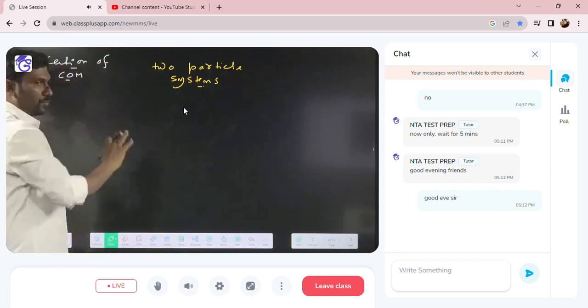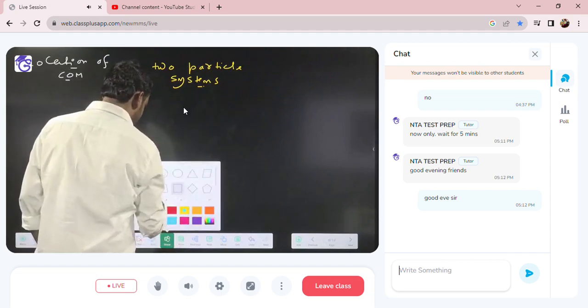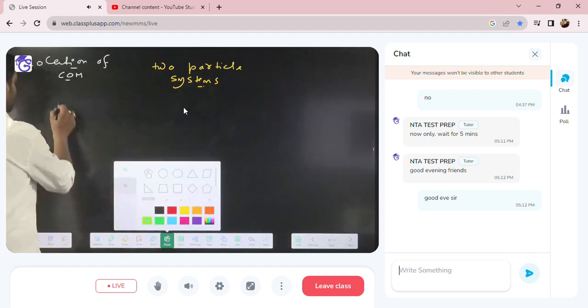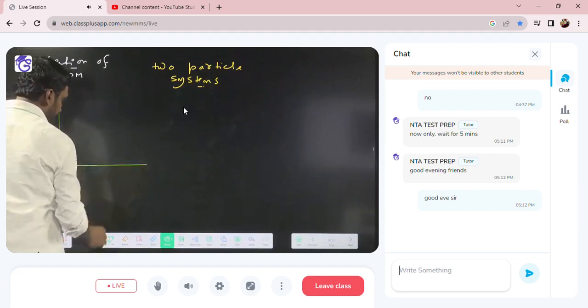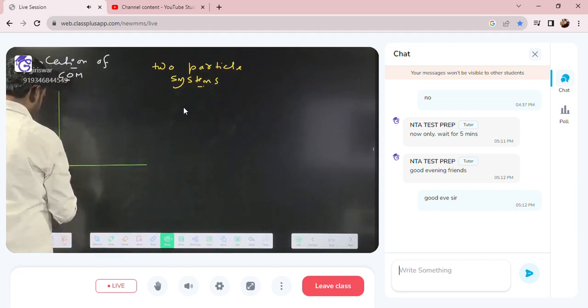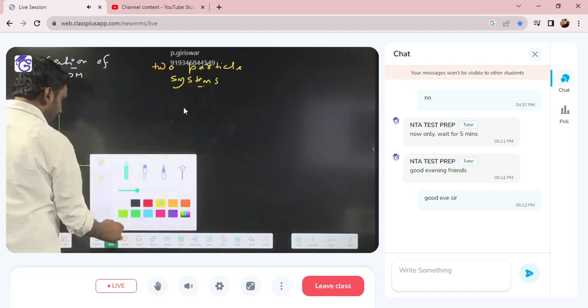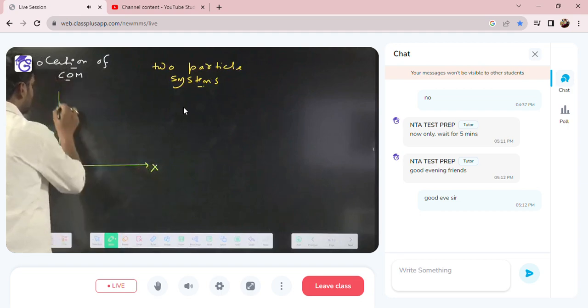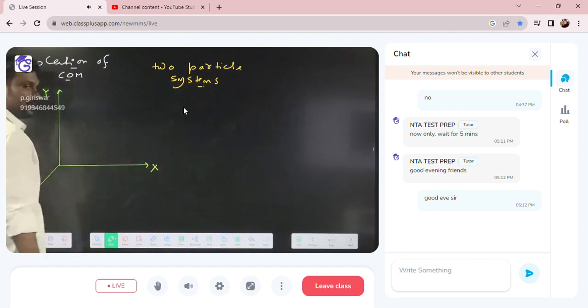So as per the two particle system, suppose this is a rectangular coordinate frame, and in that coordinate frame I take this as the x-axis, this is the y-axis, and this is the z-axis.